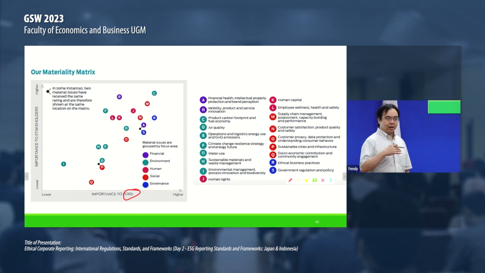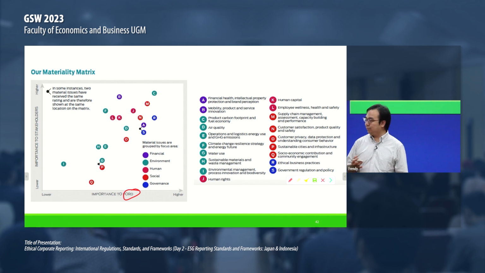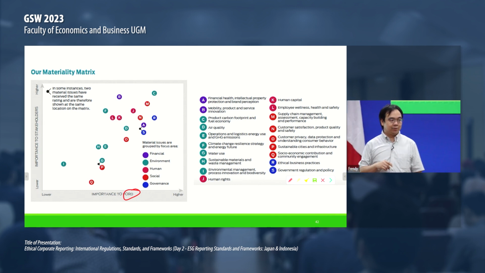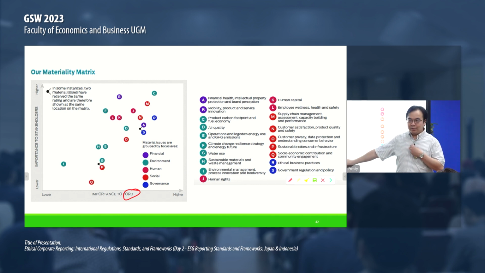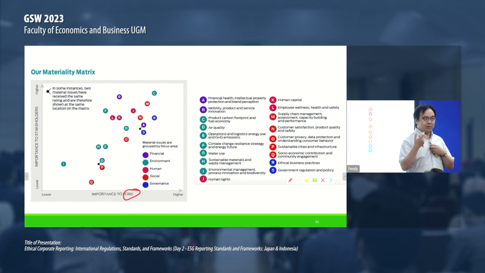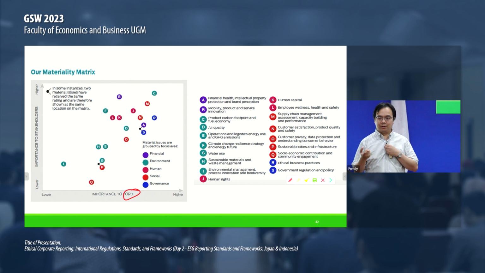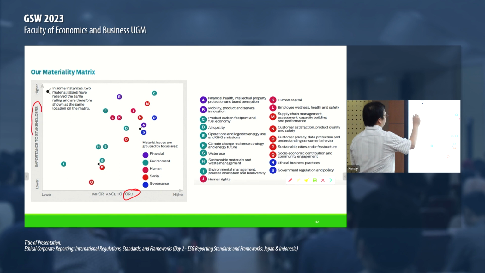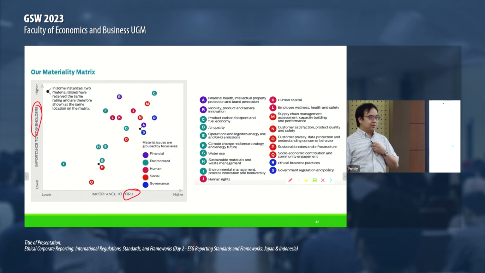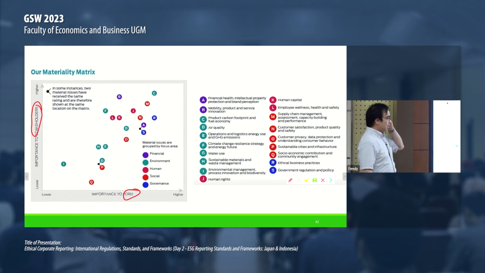Okay, how did Ford perceive the importance of this individual item? Okay, we go to the right. What does it mean? According to Ford, that information is important for them. Okay. How about the y-axis? Stakeholders. Okay. As it becomes higher, the more important the relevance of that particular item for stakeholders.